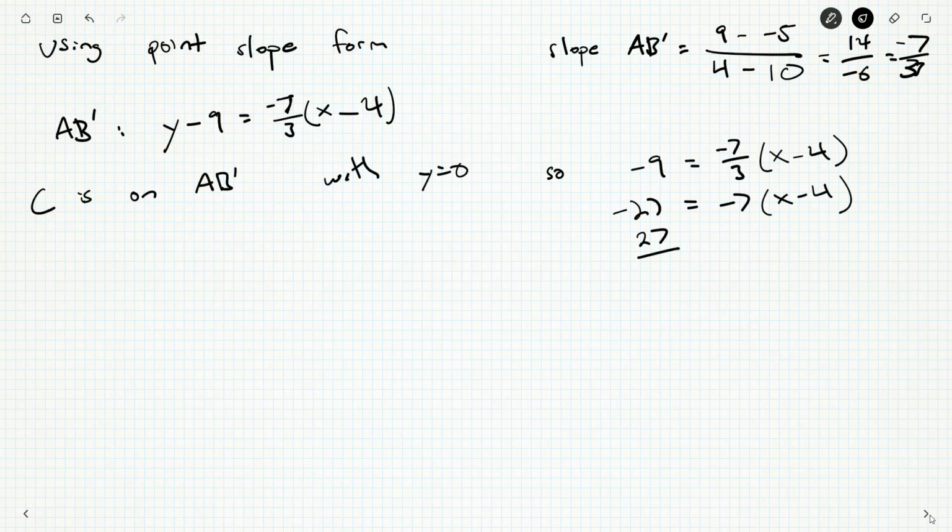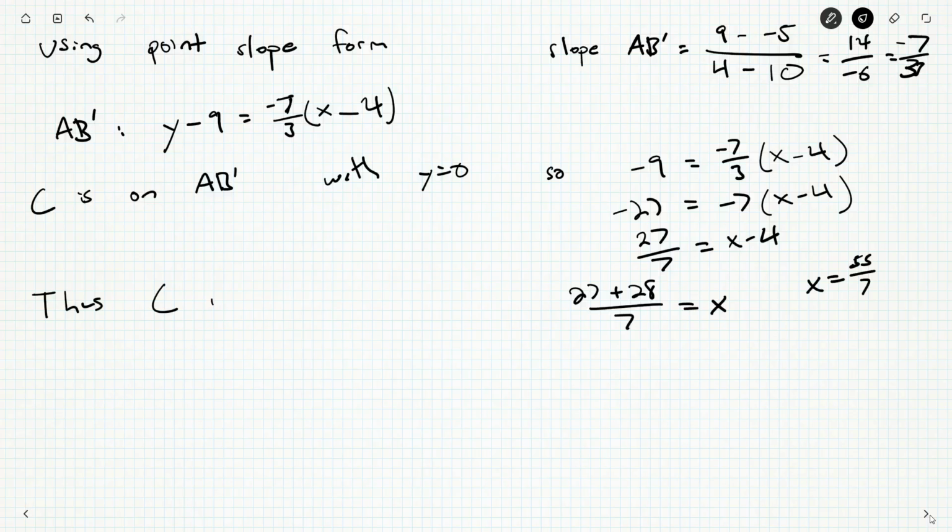Divide by negative 7, and add on 4, so that'd be 27 plus 28 all over 7 is equal to x. And that is 55, so x is 55 over 7. Thus C has coordinates 55 over 7, 0.